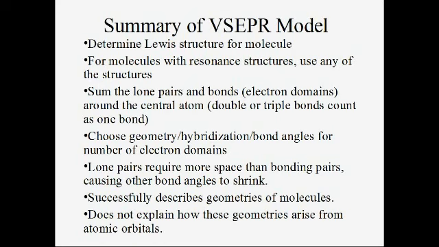Using electron geometry and the number of attached atoms and lone pairs, we can get the molecular geometry. This model successfully describes geometry of the molecules. It doesn't describe how geometries arise from the molecules, and we're going to use hybridization to show how we get the geometries from atomic orbitals.